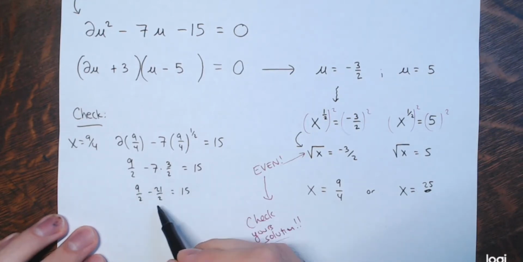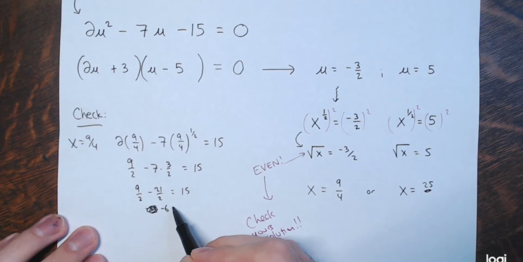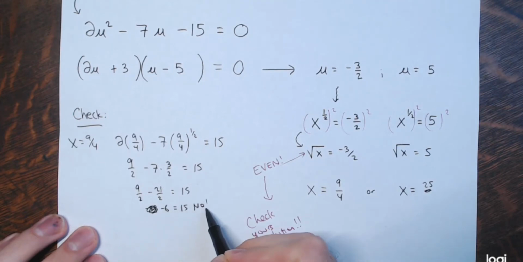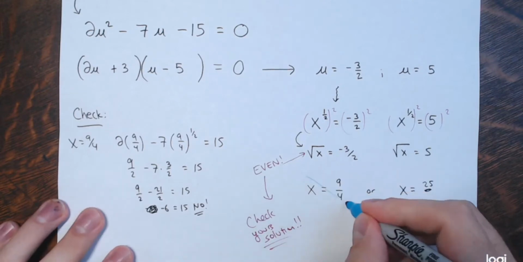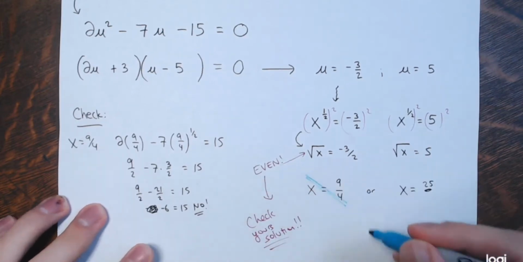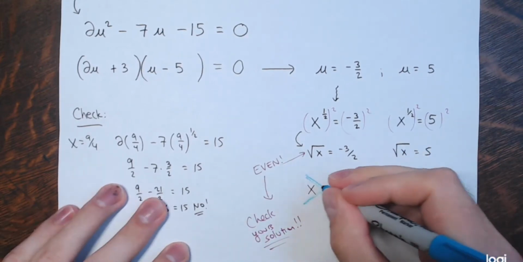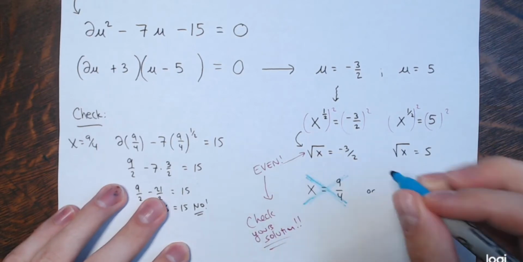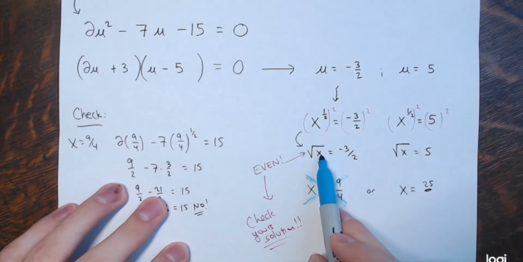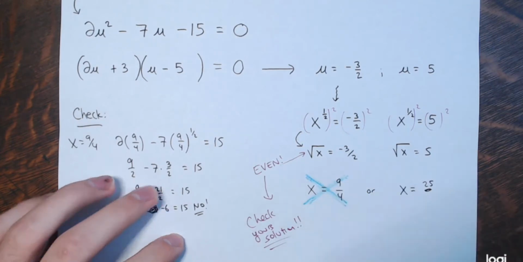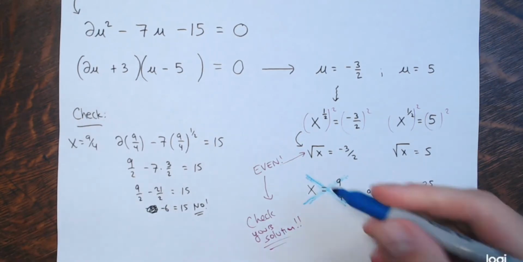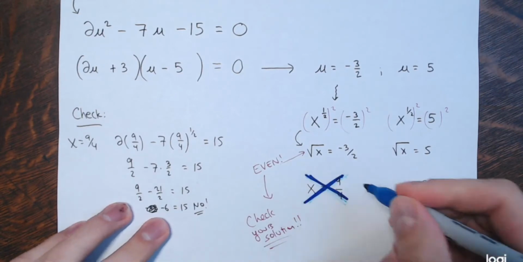This is negative 12/2, or negative 6. Negative 6 equals 15. No, that does not work. So we have an extraneous solution. Which is what I was telling you a second ago, because of this even root being a negative number, that's not happening. So let me cross that a little more darker here. That is not a solution, 9/4.